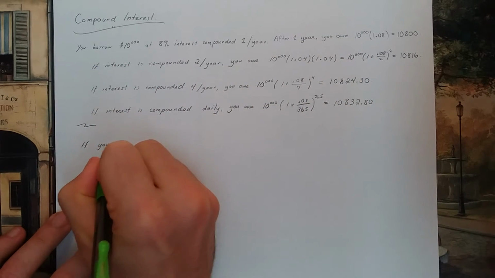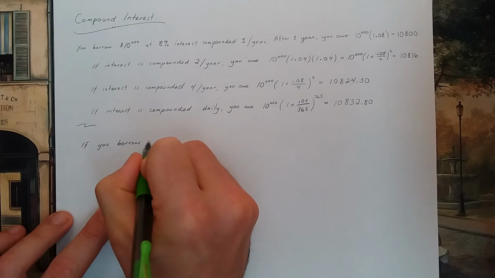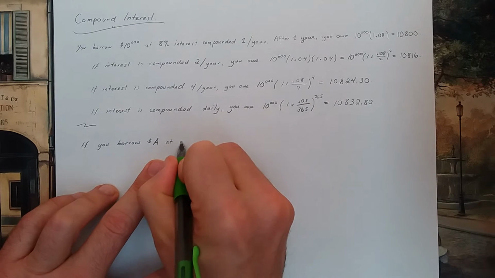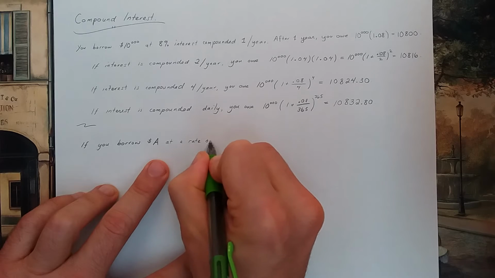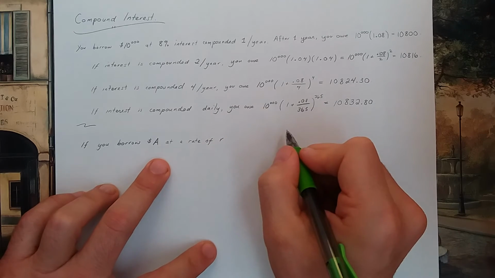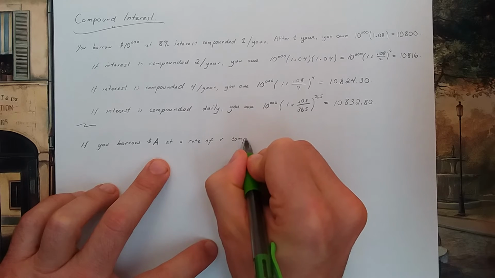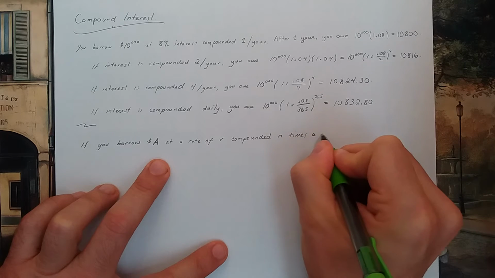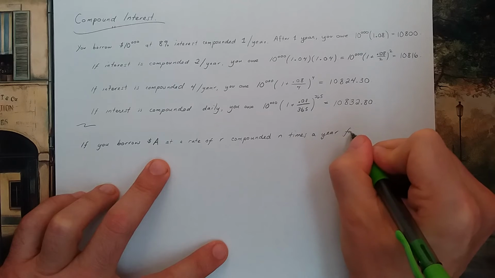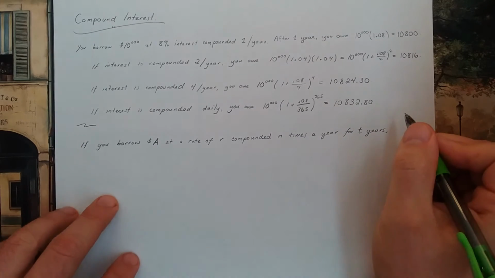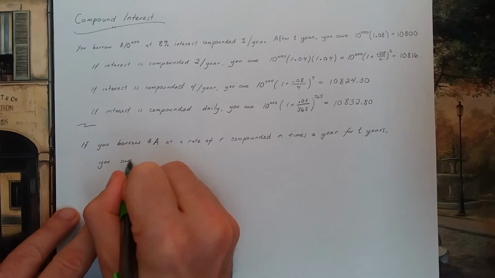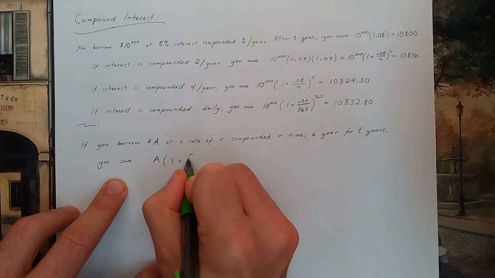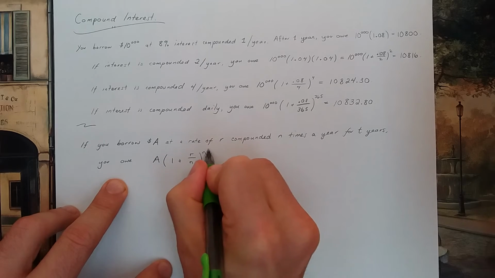So if you borrow $A, so A is my 10,000 in this example, at a rate of R annually, and it's compounded N times a year for T years, then you will owe the following: A times 1 plus R divided by N, to the NT power.